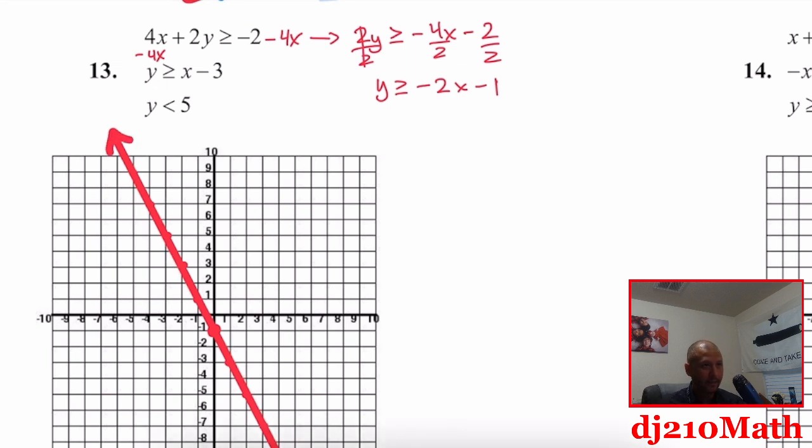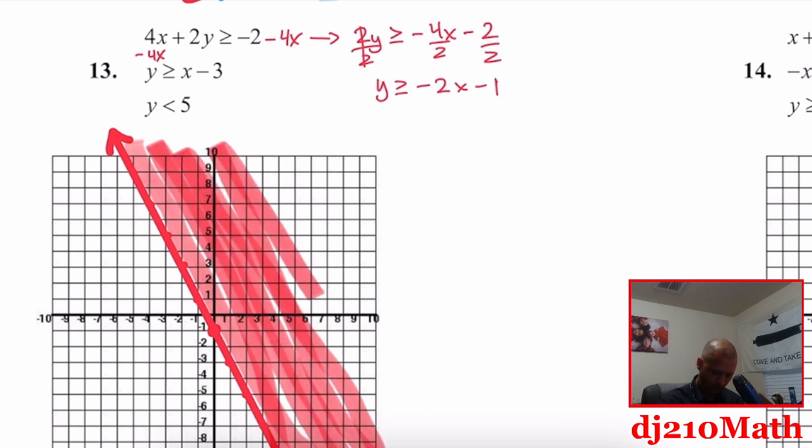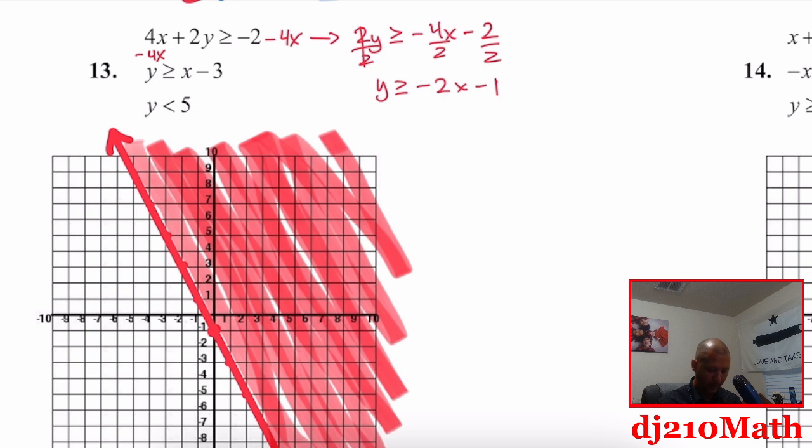Okay, the next one, and shade above. We shade above because it's greater than. All right, shading above.